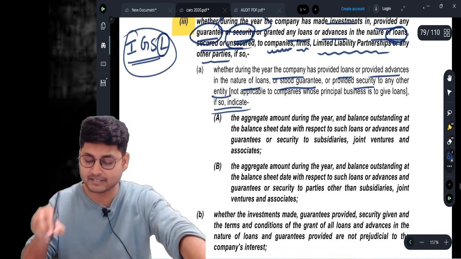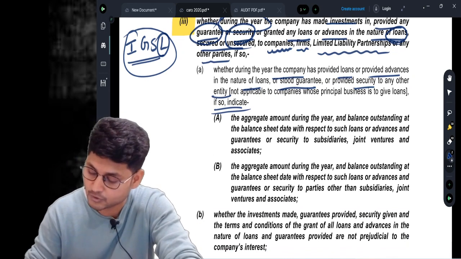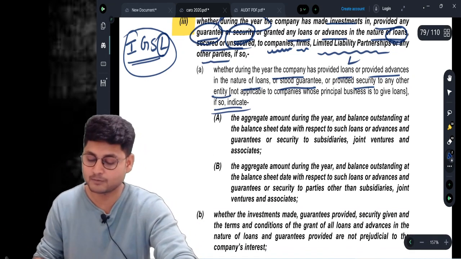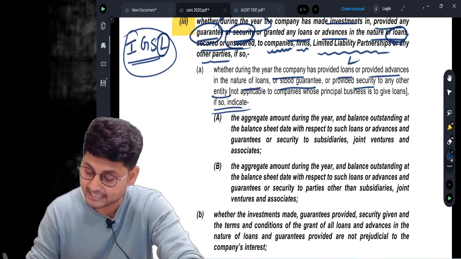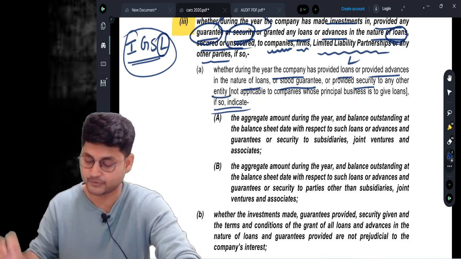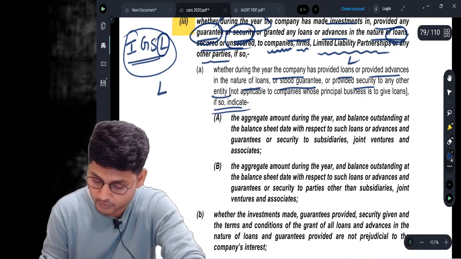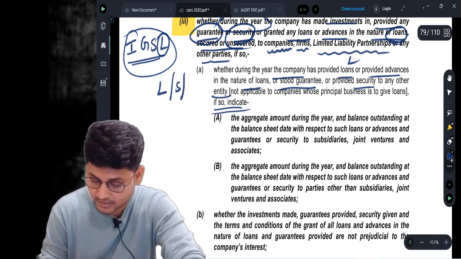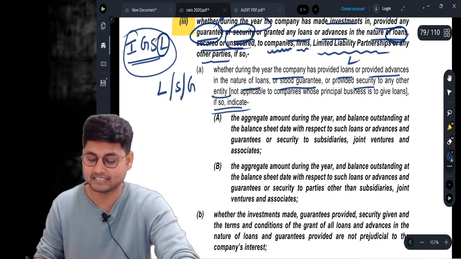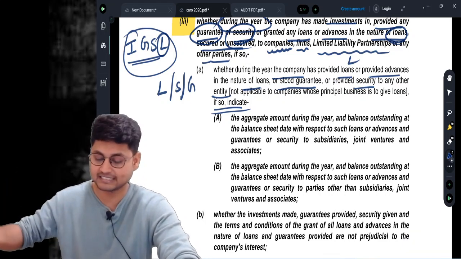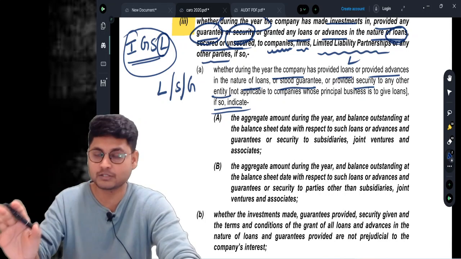However, subclause number A is talking about what? It is talking about loan, guarantee, security. So subclause number A is particularly talking about loan or security or guarantee to any entity, then you need to report something.